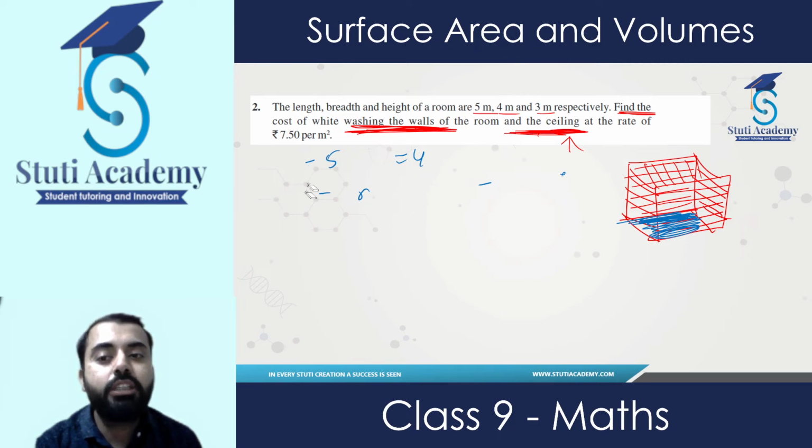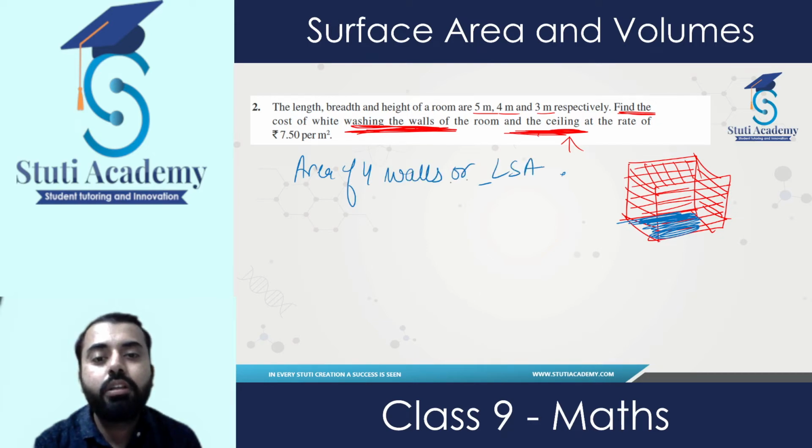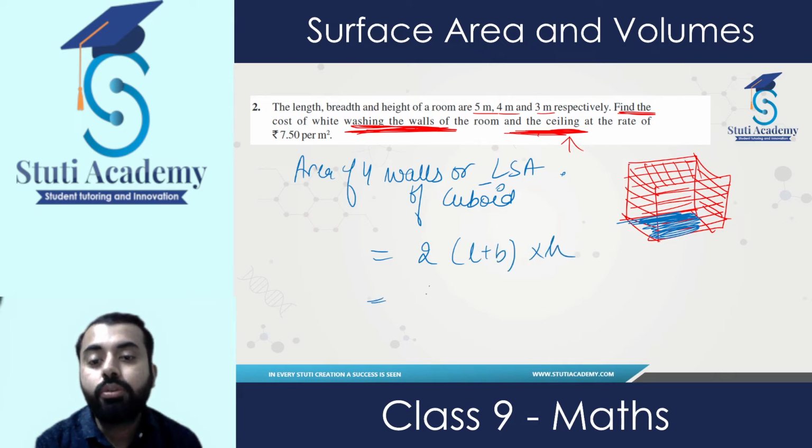Right? Now, for this, I know the area of four walls, or LSA, is what? It is 2 into the perimeter of rectangle, 2 into (L plus B) times height. Length is 5, breadth is 4.